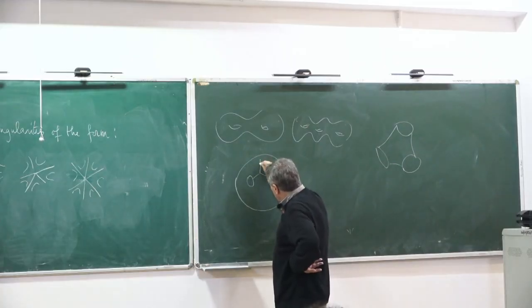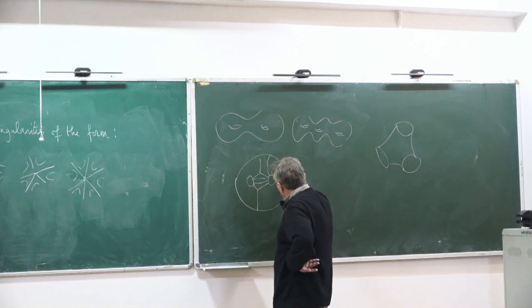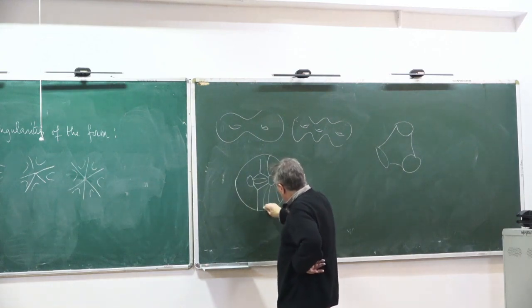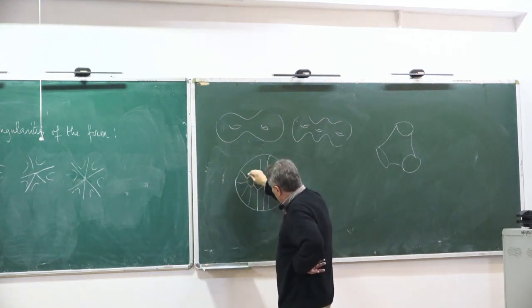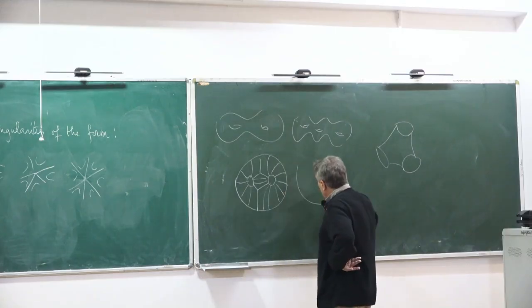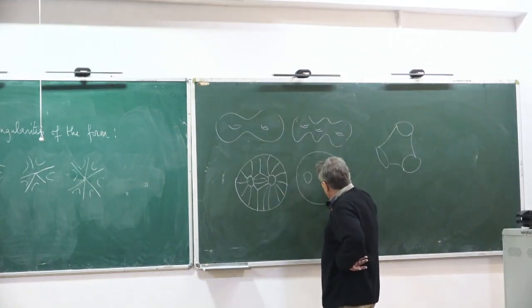I will make pictures here. So this is like this. This is a foliation on a pair of pants, and then I take another one exactly the same. Why not? Exactly the same.